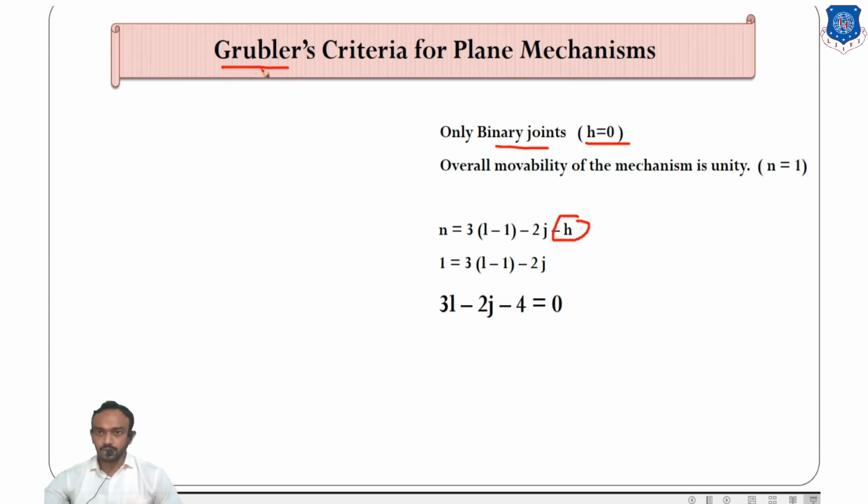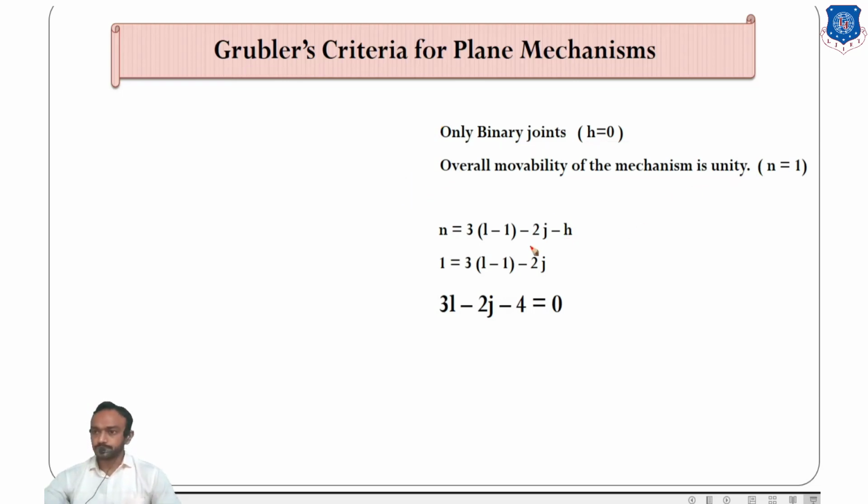The Grubler equation is nothing but another version of the Kutzbach equation. Two criteria should be fulfilled to apply this equation: one is binary joints only, higher pair is equal to 0, and degree of freedom is equal to 1, N is equal to 1.